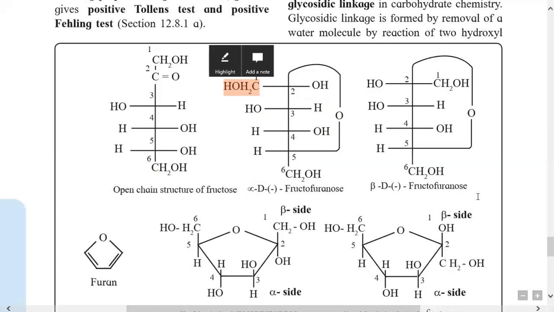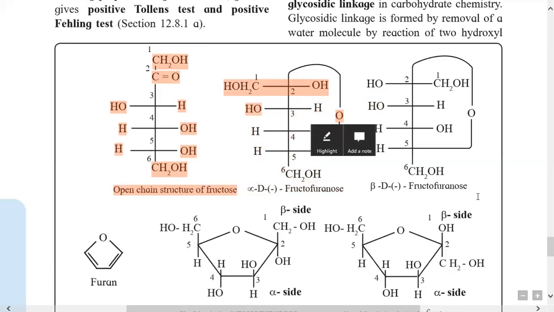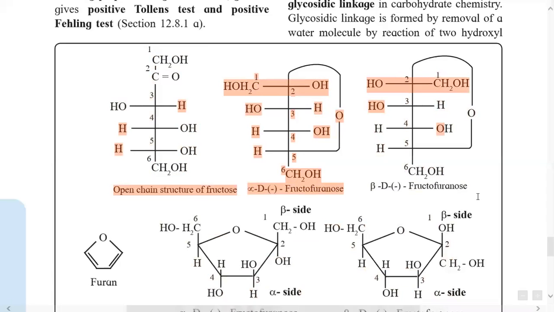Then carbon number 2, the C double bond O, becomes the C-OH. Carbon number 3 has the similar groups OH and H. Carbon number 4 has H and OH, the same groups in both anomers. Carbon number 5 has H on one side, and on the other side oxygen gets bonded with the second carbon in both structures, and carbon number 6 is CH2OH.